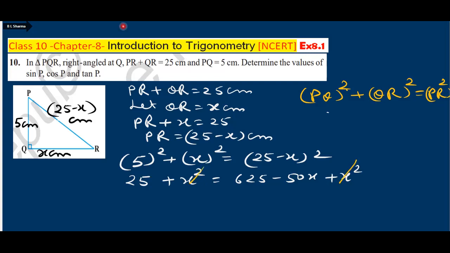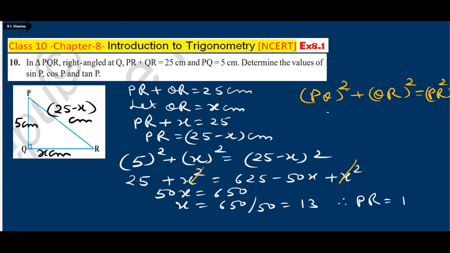X square cancels, and 50X is equal to 650. So X is equal to 650 upon 50, that is 13. So PR, that is 13 centimeter.